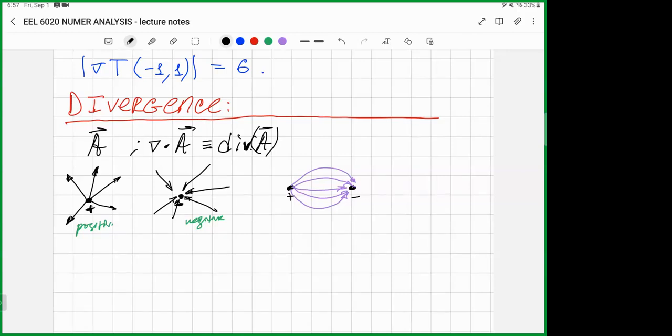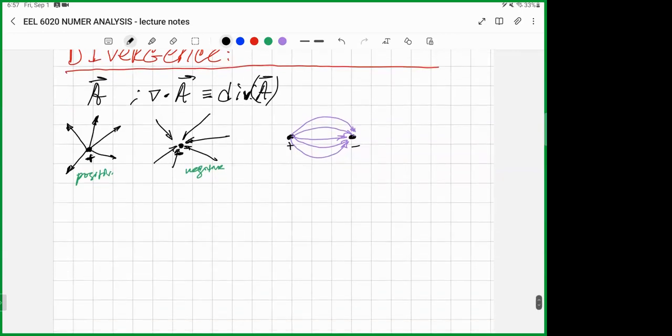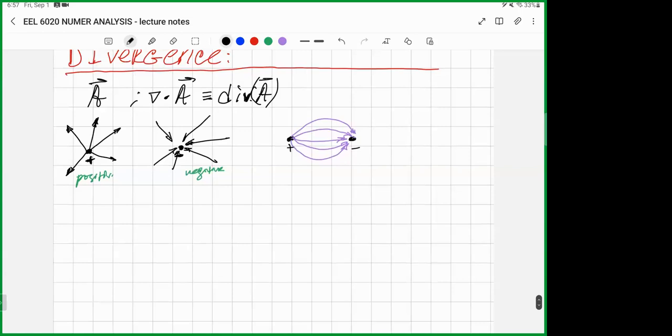The vector field has sources, and how do we describe the number of these sources and sinks?